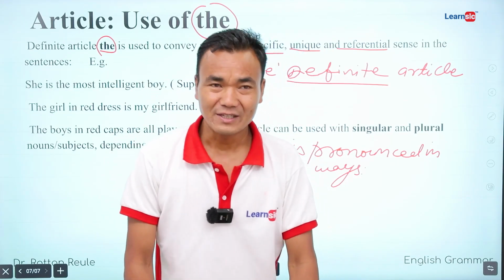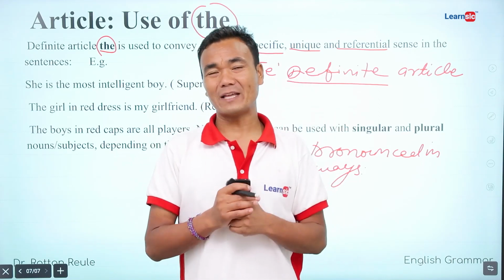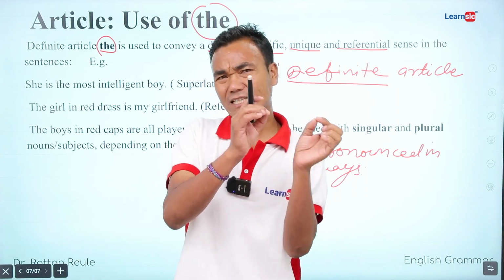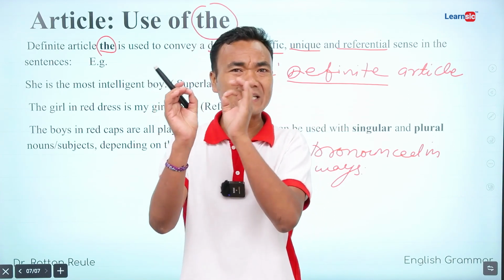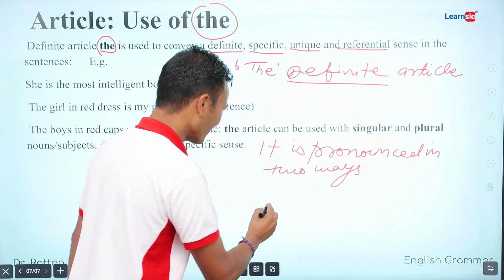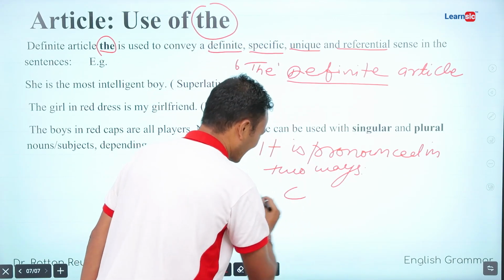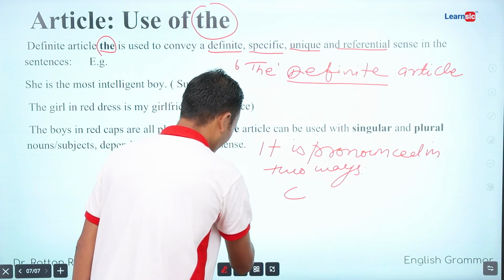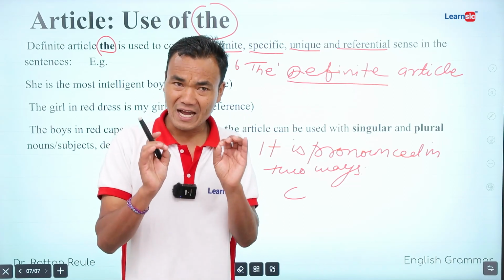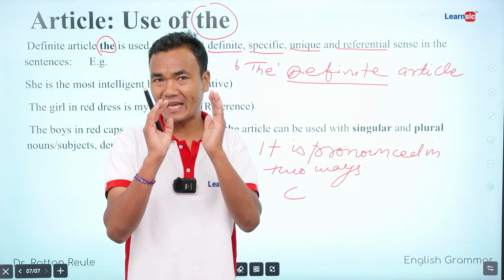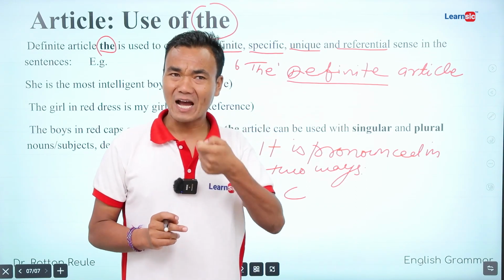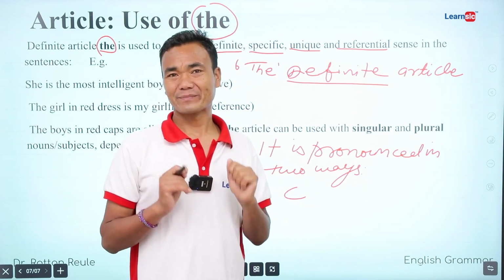Many times you hear that people pronounce it "thuh" or "thee". What is the difference between these two pronunciations of the same word? I must tell you, before a consonant sound, you pronounce it "thuh". "Thuh" is pronounced before a consonant sound, and "thee" is pronounced before a vowel sound.